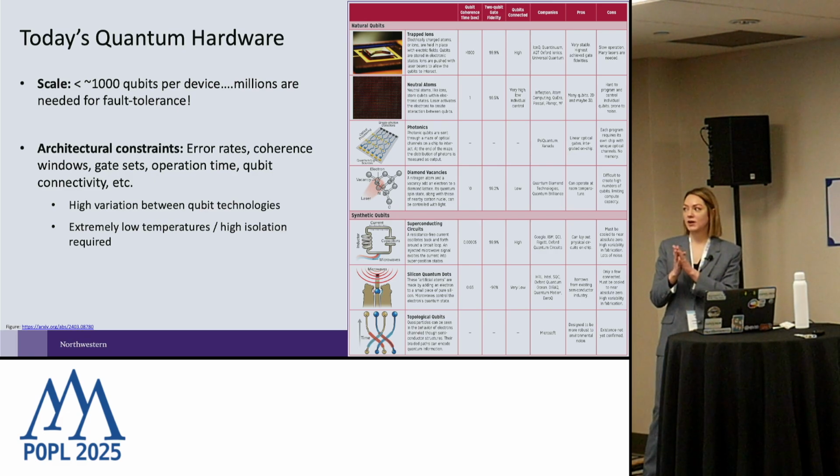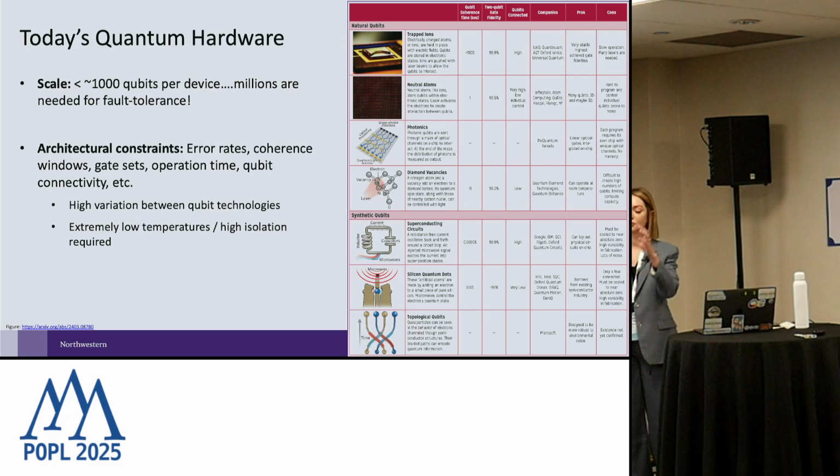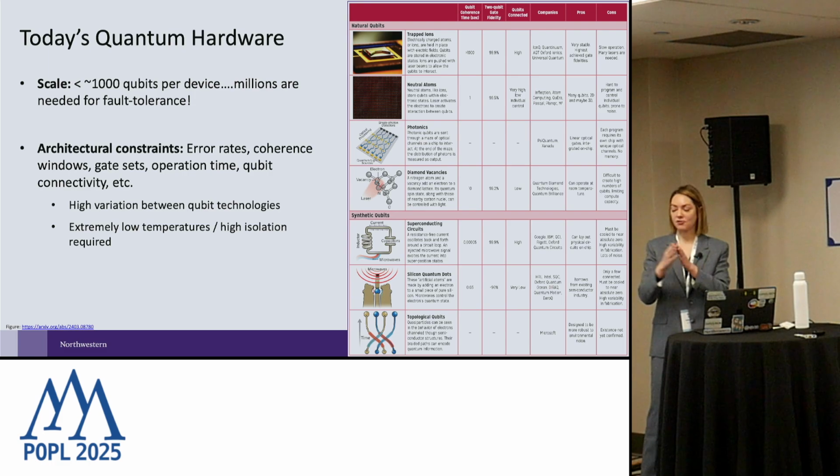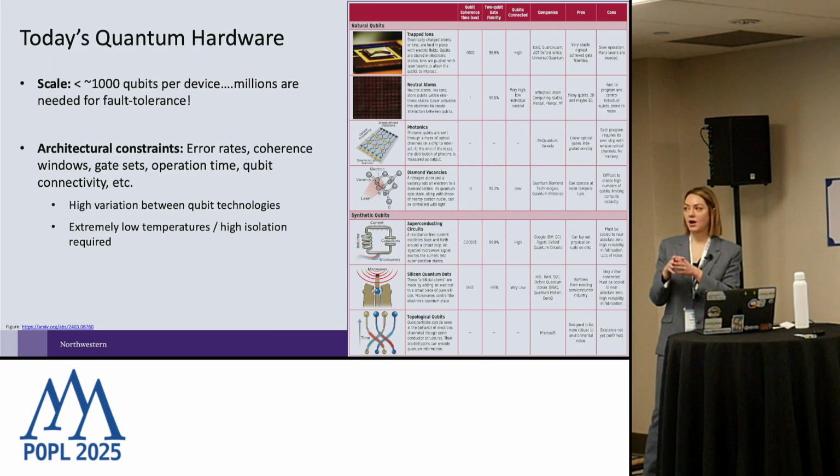We think about LLVM type architecture. We go into parsing a specification, going into technology independent optimization and representation, technology dependent representations and optimizations, all the way down to machine code that can actually be executed.